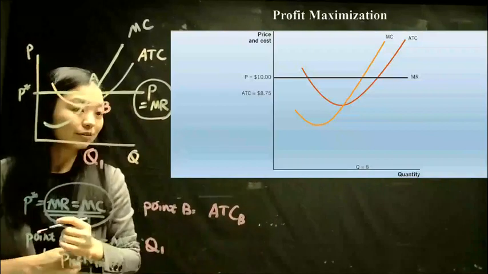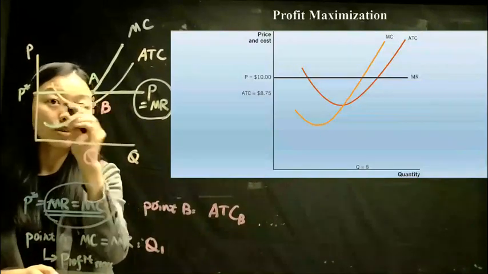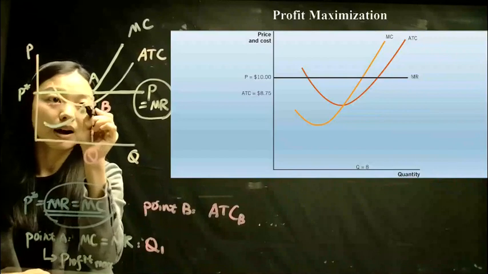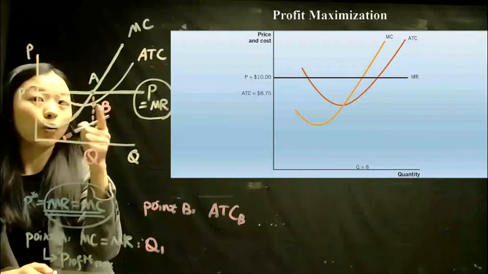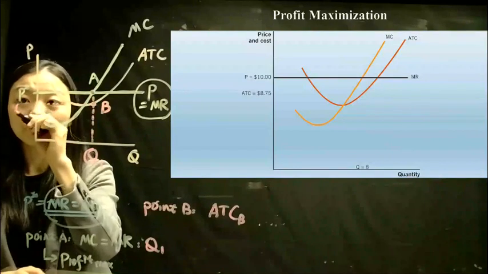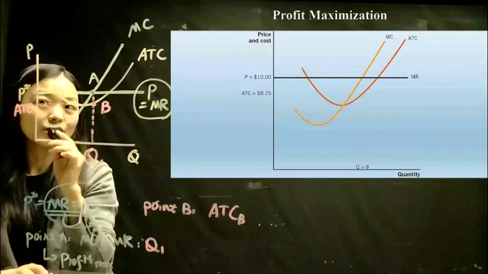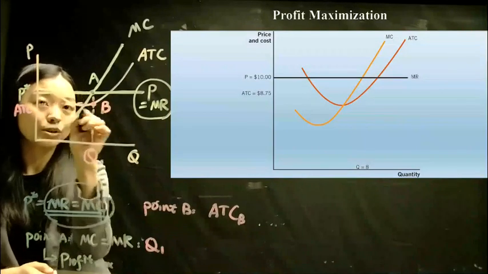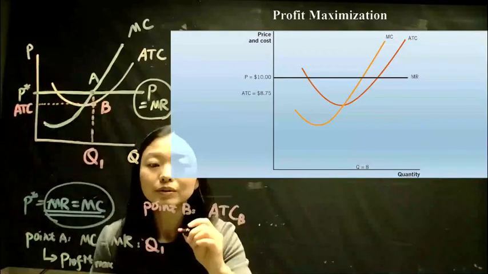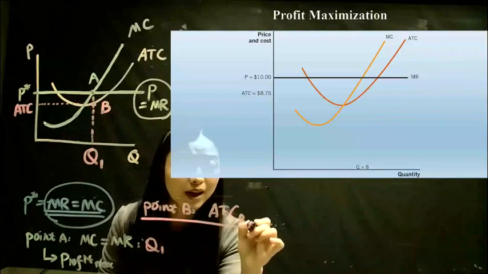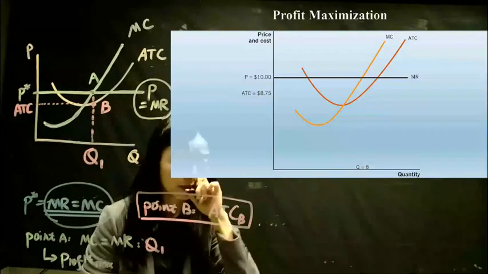And then what you need to do is to find out the price related to point B. I mark here, this will be our average total cost, right? So now at point B, we have the average total cost.